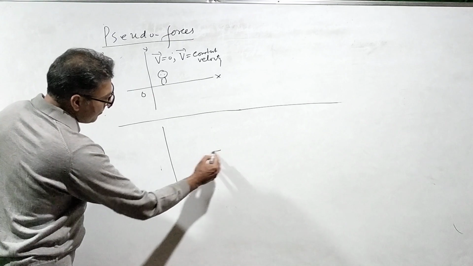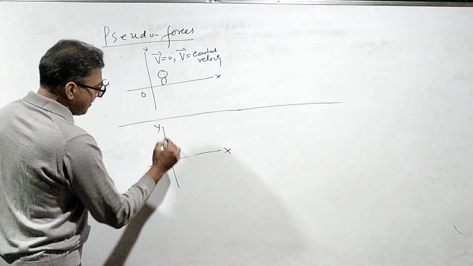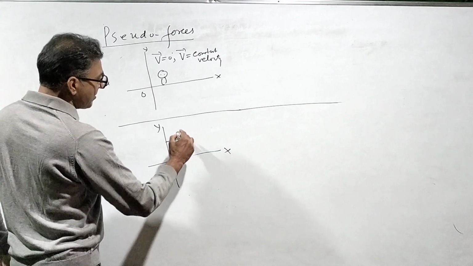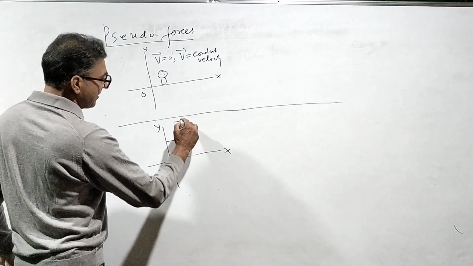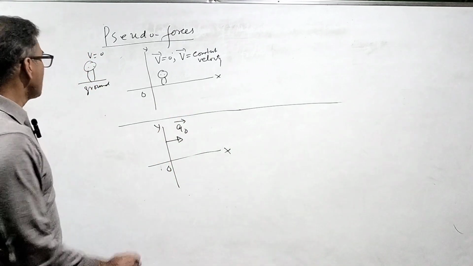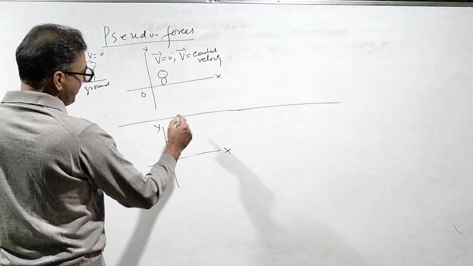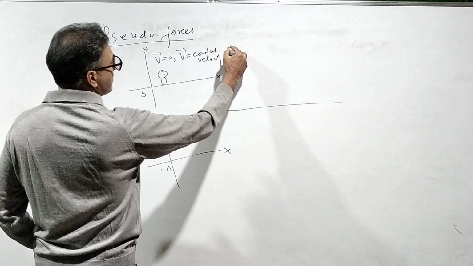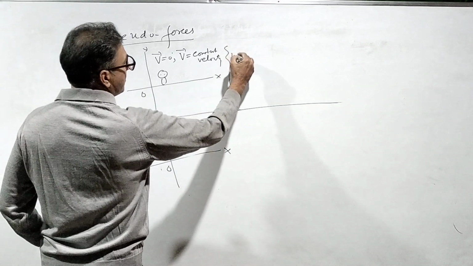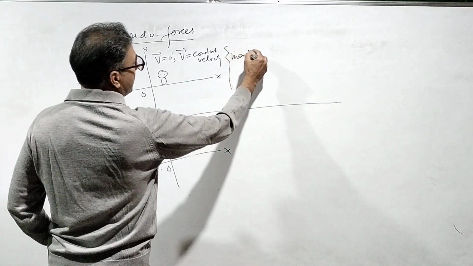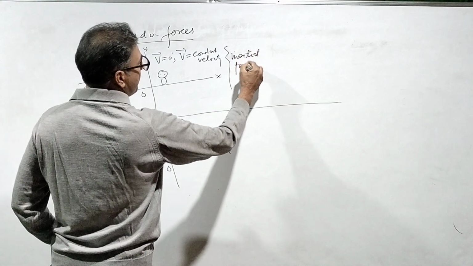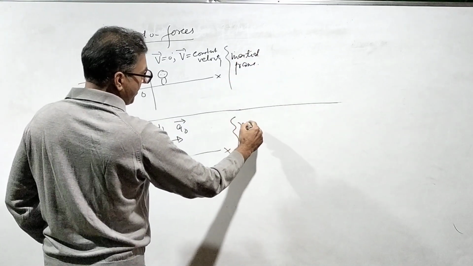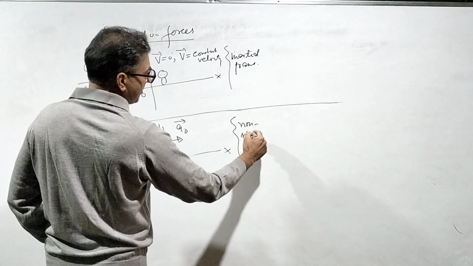This is x, this is y, another coordinate system, and this coordinate system is accelerating with this acceleration. So it is an inertial frame of reference, and this is a non-inertial frame of reference.